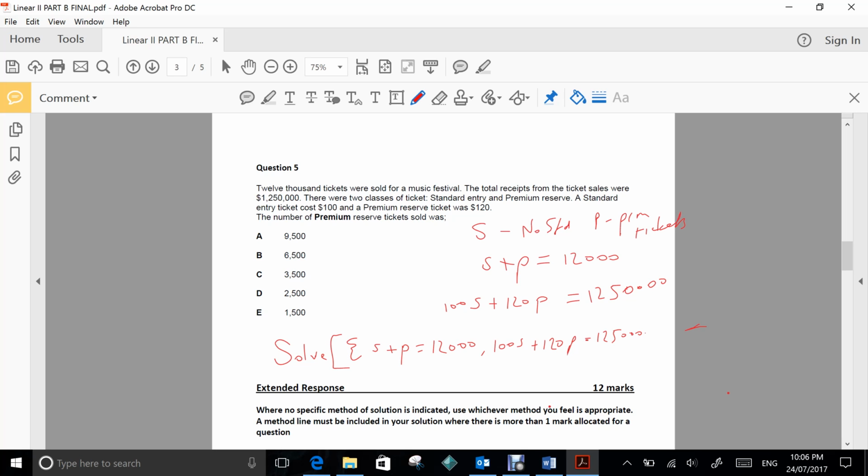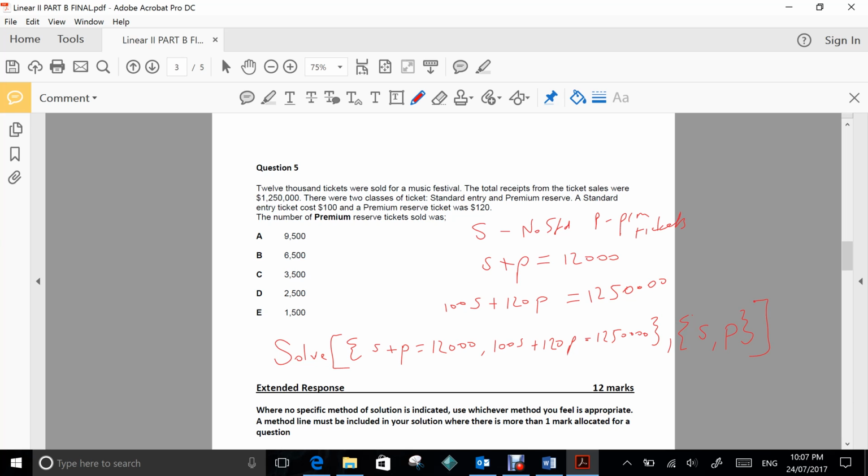Then we close off that curly bracket and have a comma. That's the equations that we're solving, and the variables that we're solving for are S and P. Close that curly bracket and then close the square bracket.